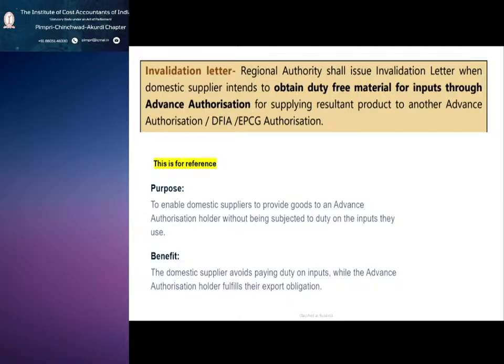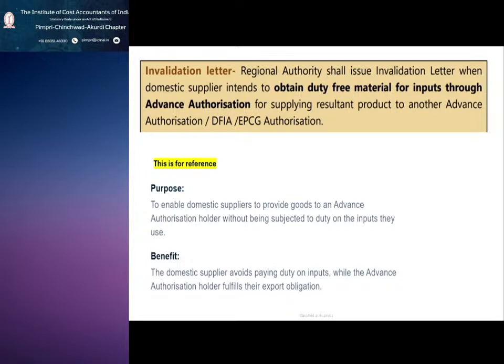On my behalf, he imports the raw material and supplies it to me. So for the domestic supplier to go and import the raw material, he needs some document. What is that document? It is called the invalidation letter.